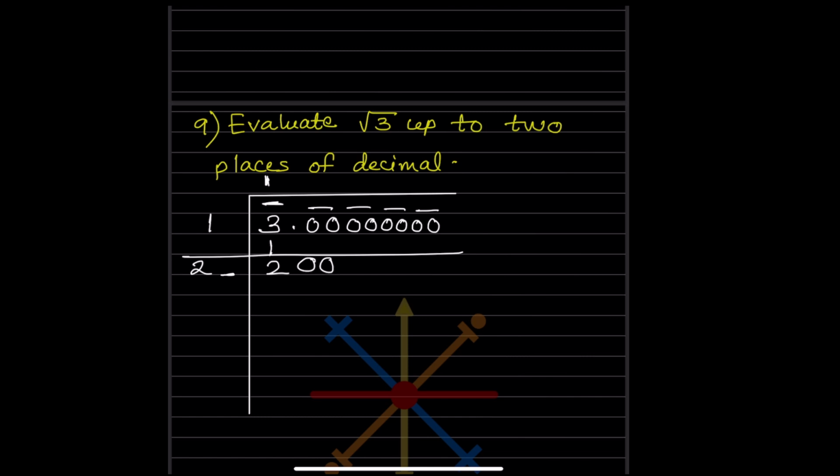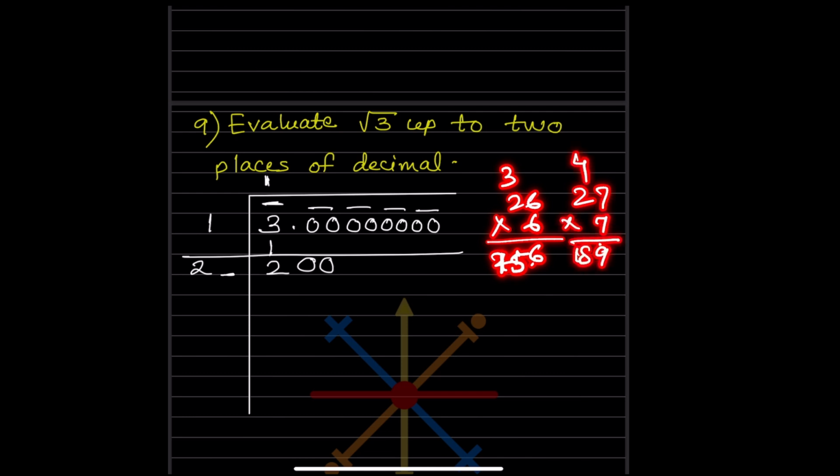So now what will I do here? If I'm taking 26 into 6, randomly we can take here 18, 21, no sorry, 12, and this is going to be 15. If I'm taking 27 into 7, this is going to be 189. And if I'm taking 28 into 8, that is going to be a bigger number, 224.